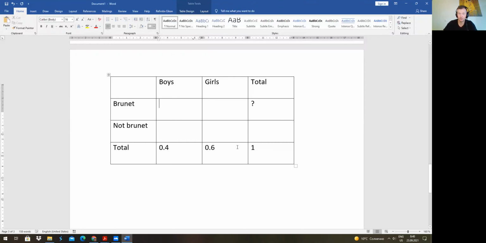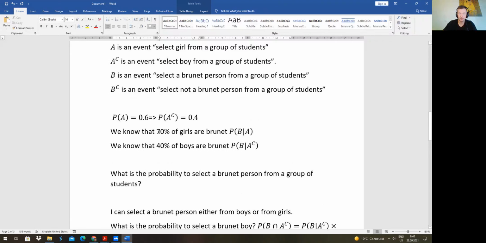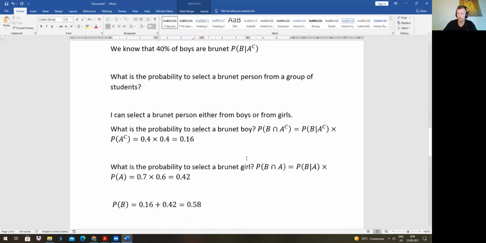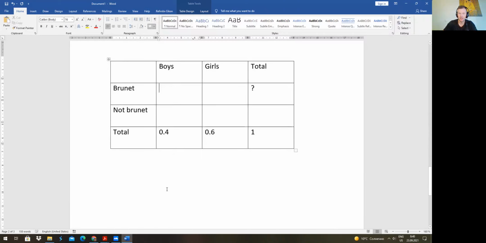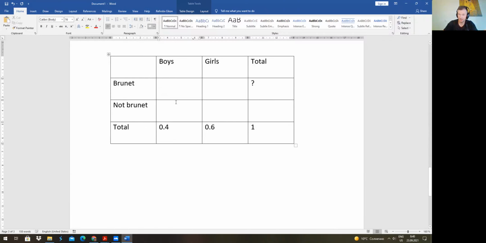What do we know? Look, we know that 70% of girls are brunette, B given A. It means that out of this 40%, 70% is here and 30% is here. So how should I calculate the probability inside this cell?